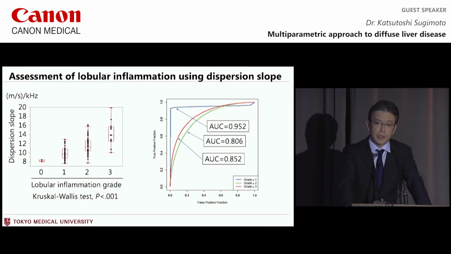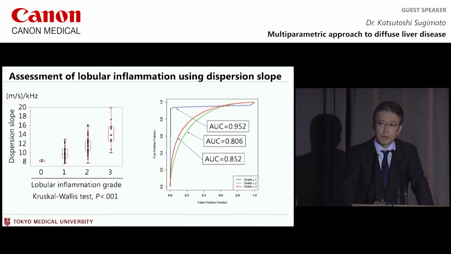When we classified grade 0 and 1 versus others, the AUC was 0.806. And when we detect lobular inflammation grade 3, AUC was 0.852. It's a relatively high diagnostic accuracy.